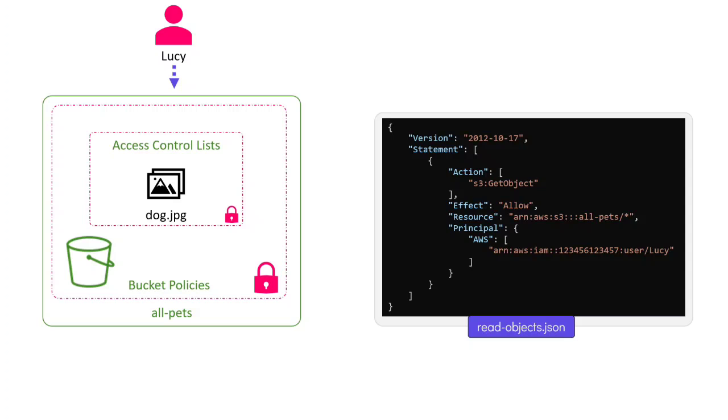Just like IAM policies, bucket policies are JSON documents, and when they are attached to a bucket, they can either grant or revoke access at a bucket level. Finally, with a bucket policy, we can provide access to IAM users, groups, or even public access to our buckets. We can even grant access to users from other AWS accounts.